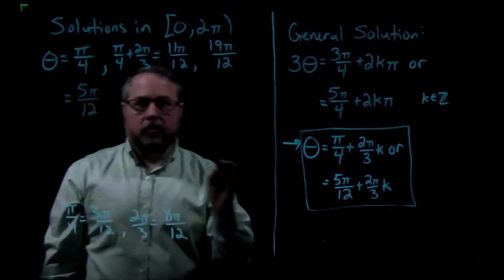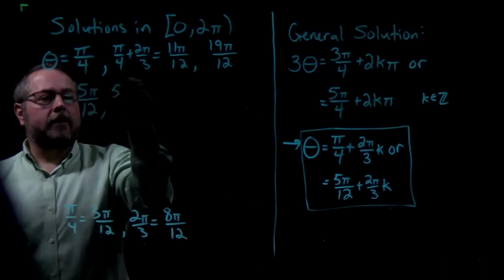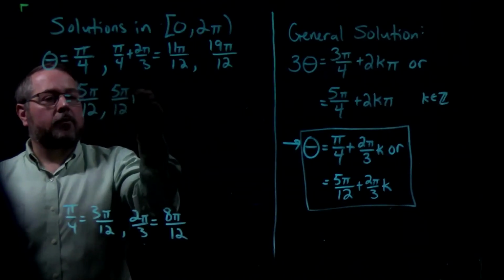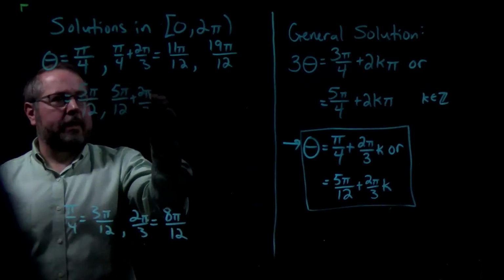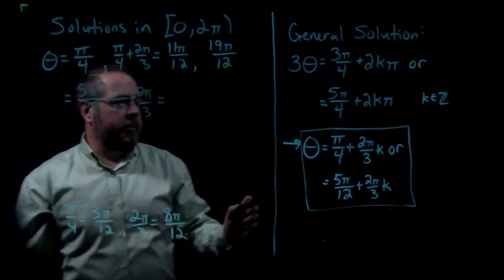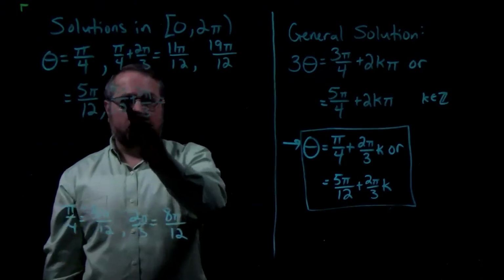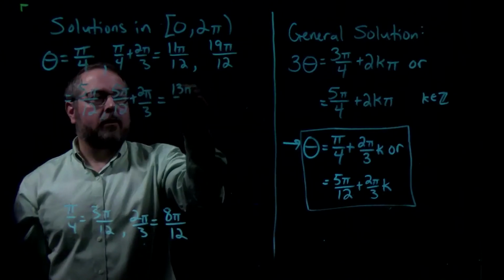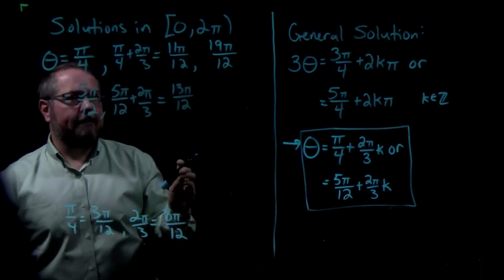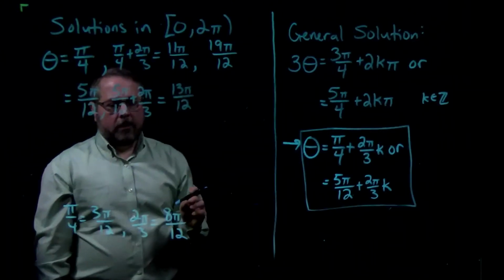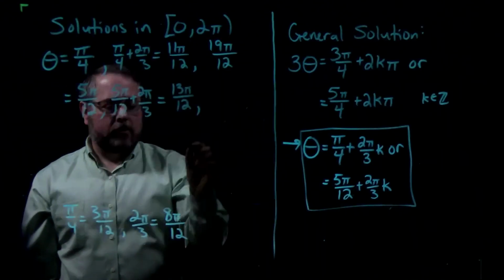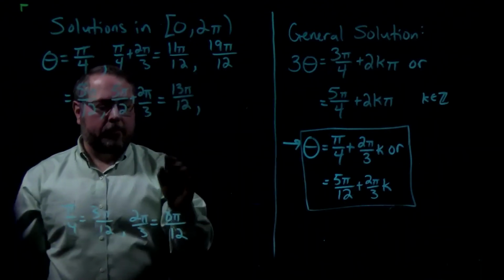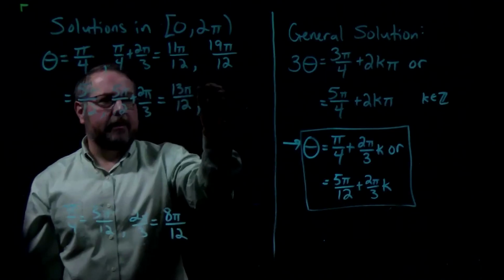If k was 1, we would have 5 pi over 12 plus 2 pi over 3. Okay, and that would be 5 pi over 12 plus 8 pi over 12 is 13 pi over 12. And then if we do it again, so we would have 13 pi over 12 plus 2 pi over 3.